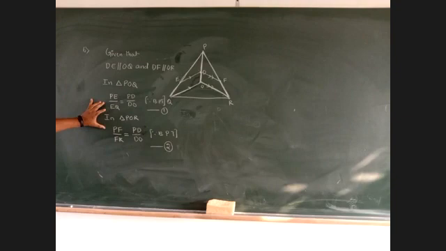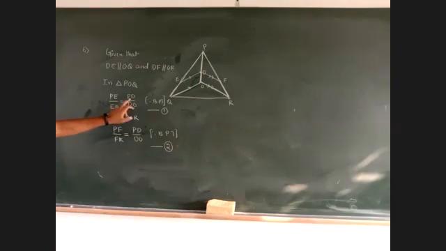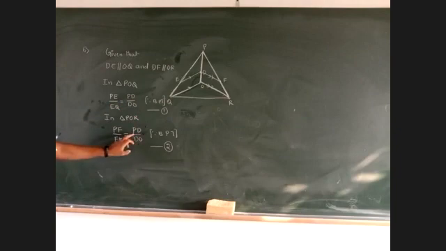From these two equations, observe that in the first equation the right hand side ratio is PD by DO, and in the second equation the right hand side is also PD by DO.